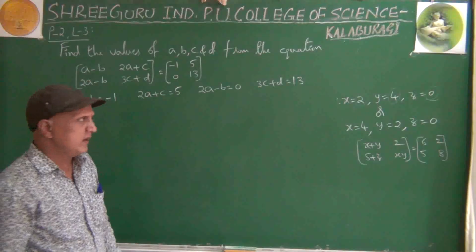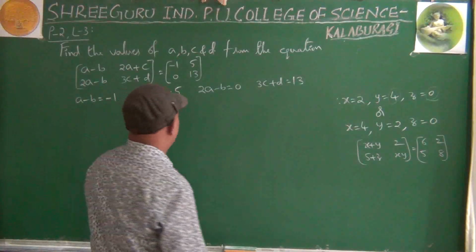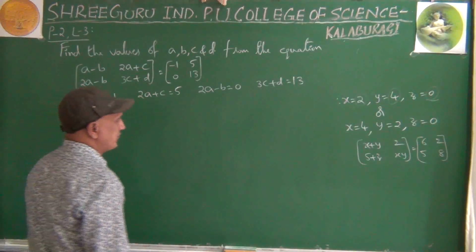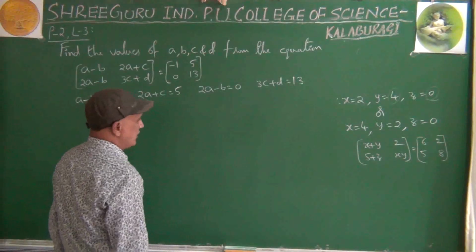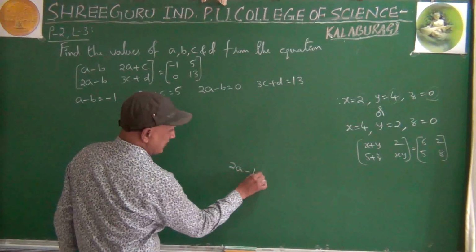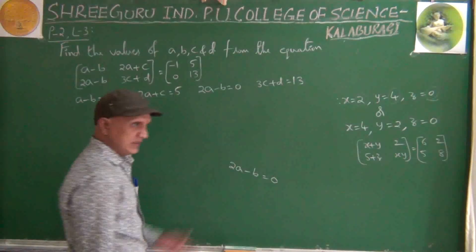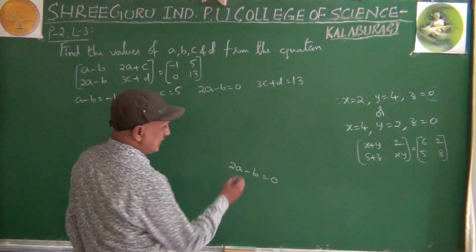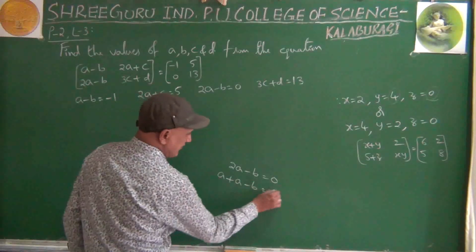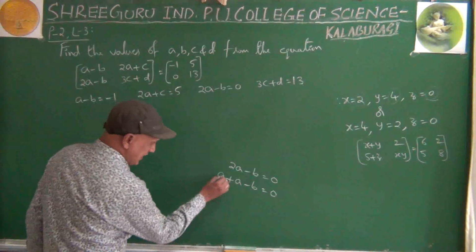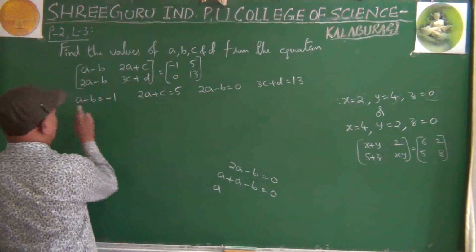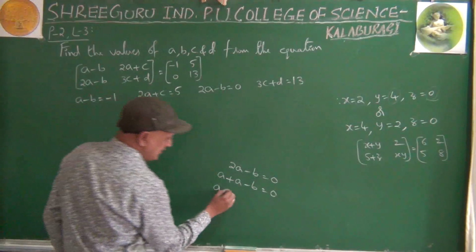Now here we can do the simplifications in different ways. There is one method: 2a minus b equal to 0. This is one method I am telling. 2a can be written as a plus a. a minus b value is minus 1.